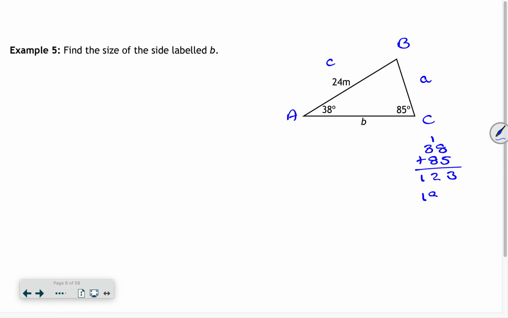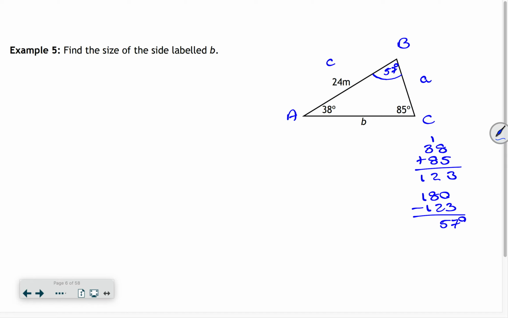So then it'll be 180, take away 123, which will give me 57 degrees. So straight away, if you ever see a triangle where you have two angles, and you want to work something out, before you do anything, just find out the third angle. You might need it, you might not.